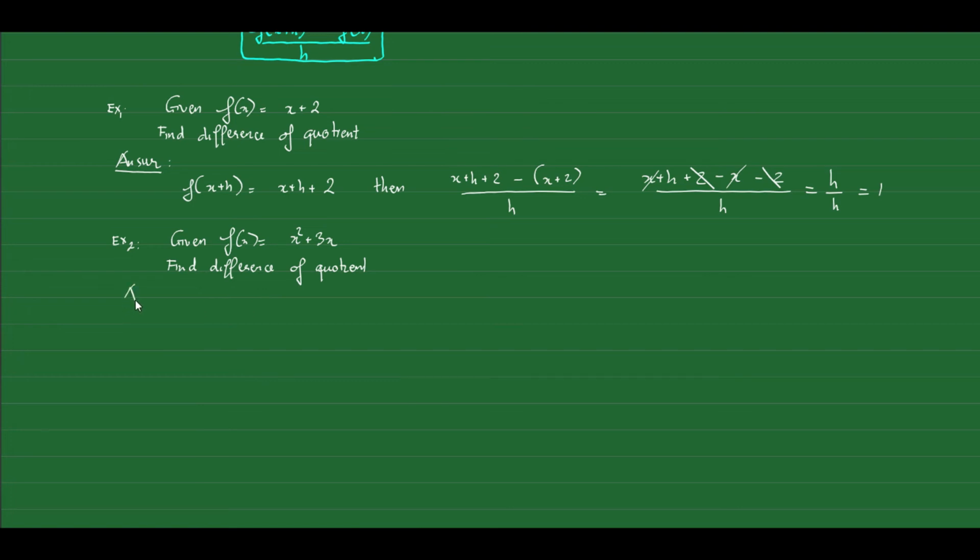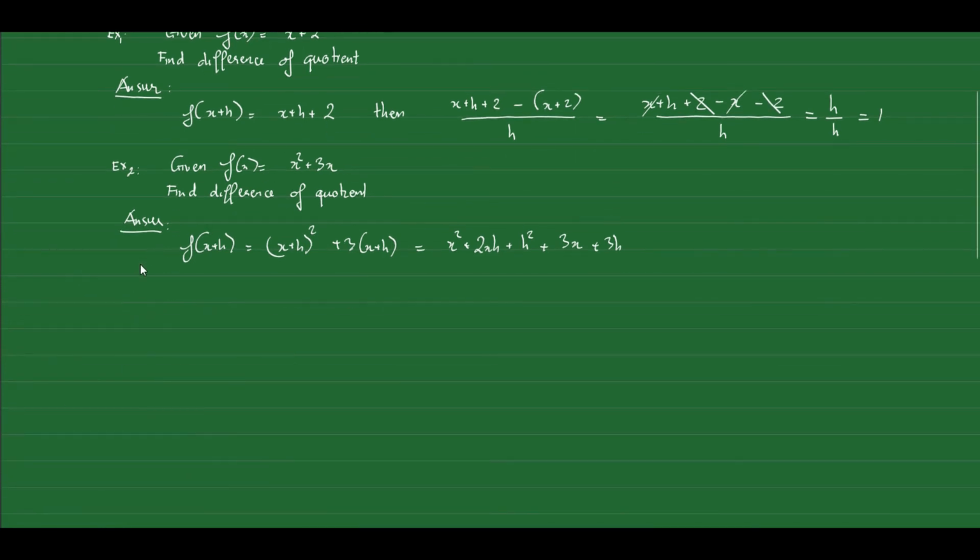Okay. And of course, you're going to do the same. So you calculate f of x plus h. Plug it in, so plug it in: x plus h squared plus 3 times x plus h. And you square that, you expand them out. Okay, and you multiply 3 in, and you combine like terms. Is there anything we can combine? No, we just leave it like that because there's nothing to combine.